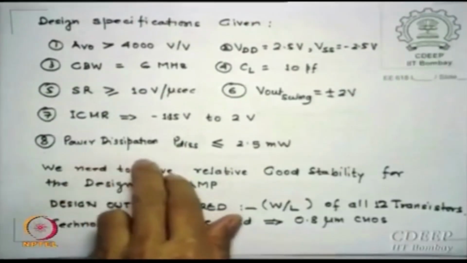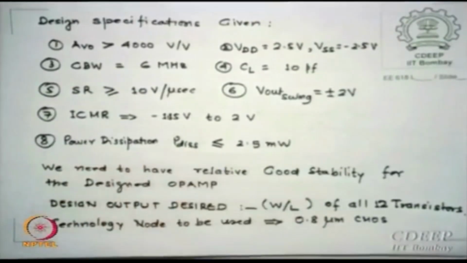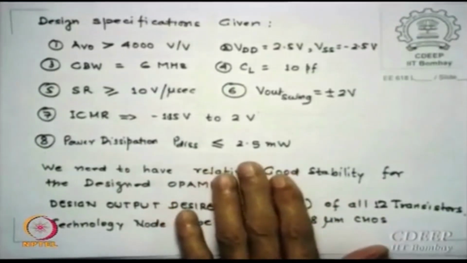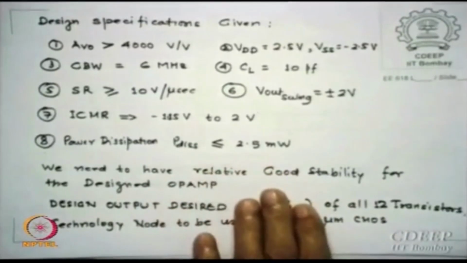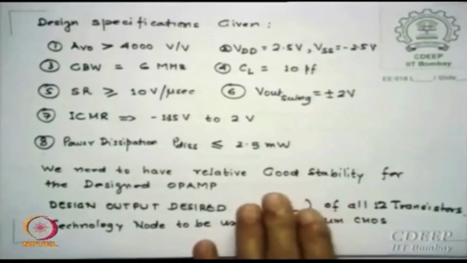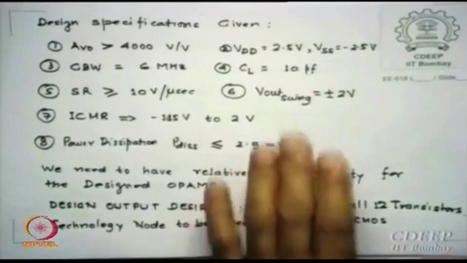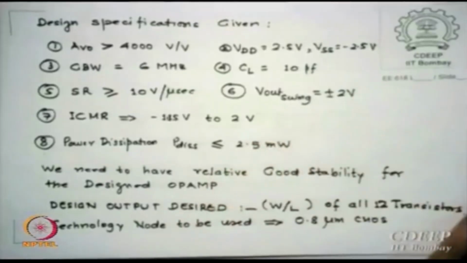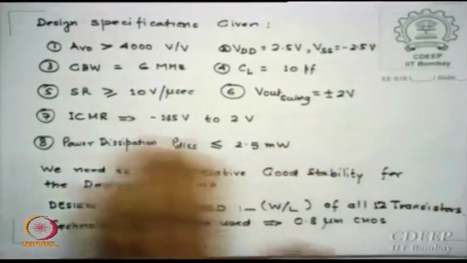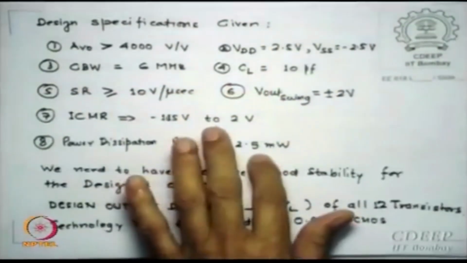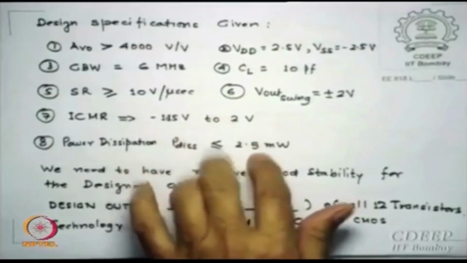Power dissipation, P dissipation, is less than 2.5 milliwatts. This includes power in the bias circuit, power in the DFAM and power in the gain stage. Sometimes we may specify only the DFAM and gain stage. So right now, since the bias circuit was not part of my design, this value does not include power coming from the bias.